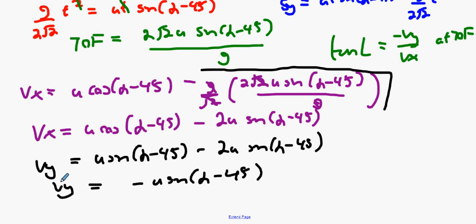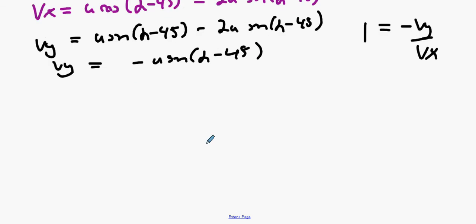Now, we're nearly there, lads. We're doing well. Landing angle in this case is tan 45. And what is tan 45? Tan 45 is 1. 1 equals minus Vy over Vx. Happy days. So, this implies that Vx equals minus Vy.